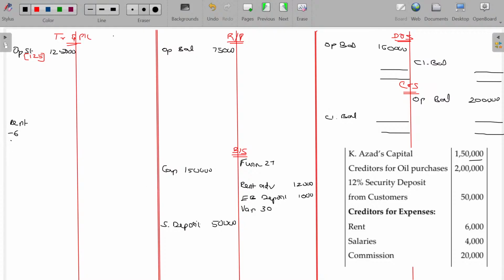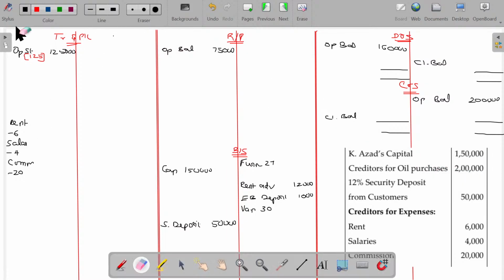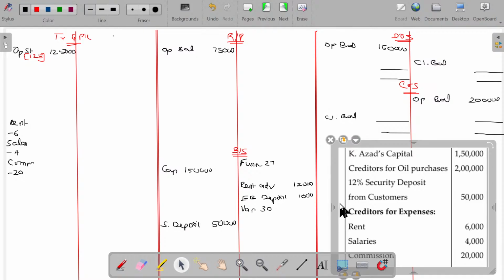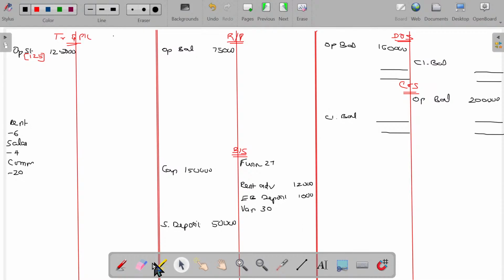And salaries, 4,000, minus should be a minus item. Commission, minus 20,000. Is that okay? These are the minus items. Current year outstanding should be added. These things are the previous year outstanding, should be subtracted. Clear? Hope now you will be able to understand this one.